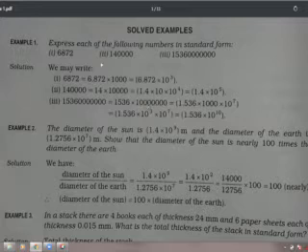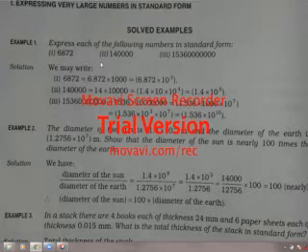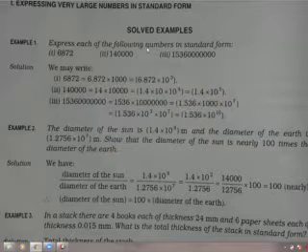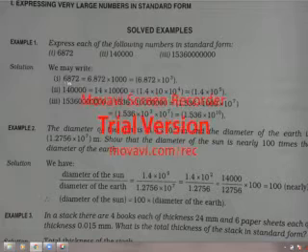If you see the examples, there are several. Here it is 6872. In the example, it has been said: express each of the following numbers in standard form. So what is the number? 6872. And we may write this 6872 as 6.872 into 1000.